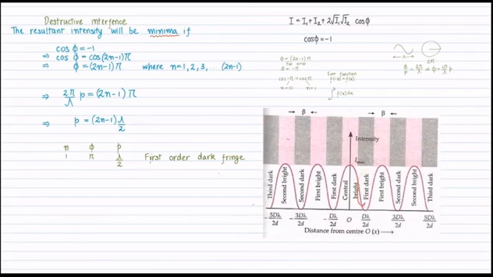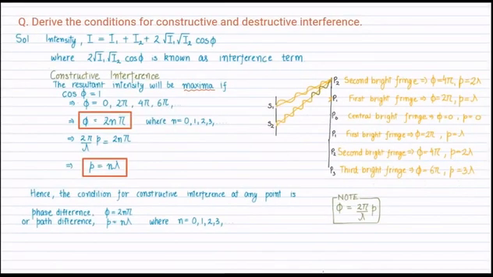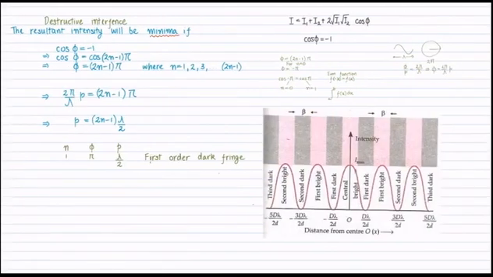Fine. But whereas in case of your bright fringes, you started from n equals 0. If you start from n equals 0, that means, can you see this first one? At this point you had the maxima, and this one corresponds to your n equals 0, which is known as your central bright fringe.